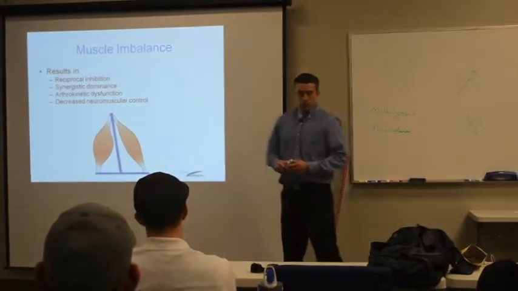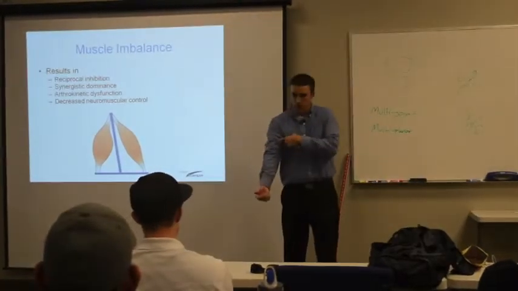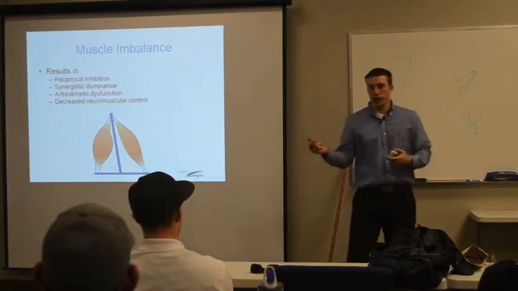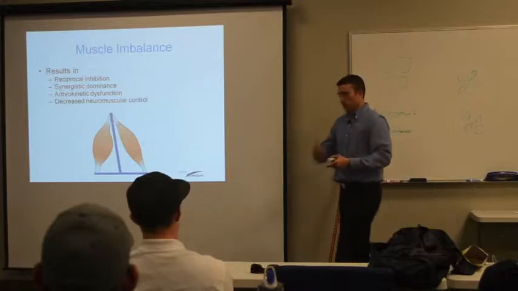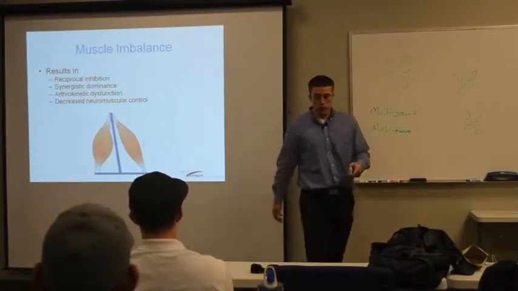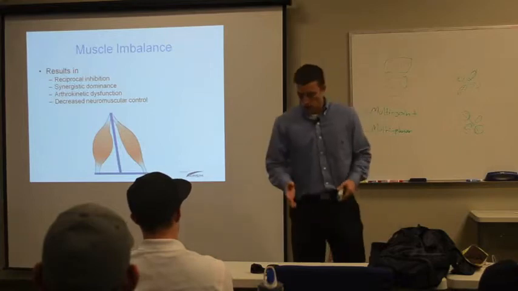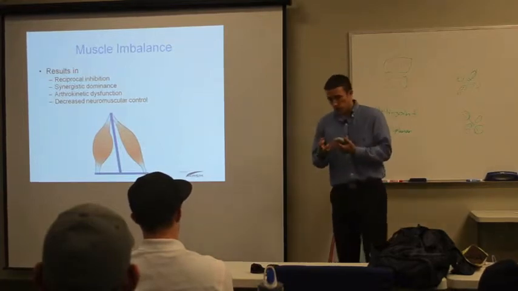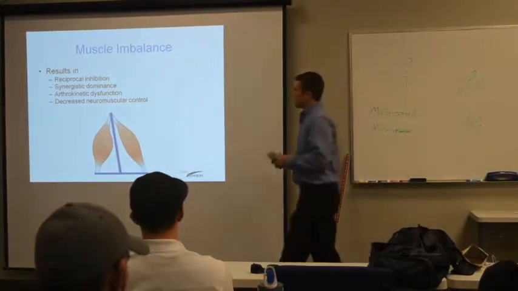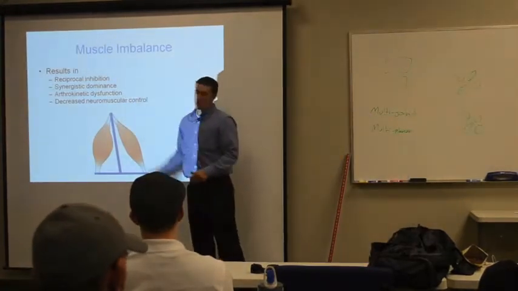Yeah. So neurologically, if I flex the agonist, the antagonist will shut off until I tell it to activate again. Okay? That's just part of movement, even if I'm walking. The guys that are getting flexed get flexed, and the antagonist will be inhibited neurologically. That's what it means, reciprocal inhibition.